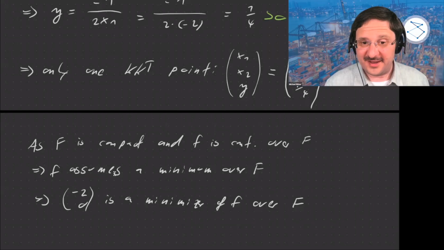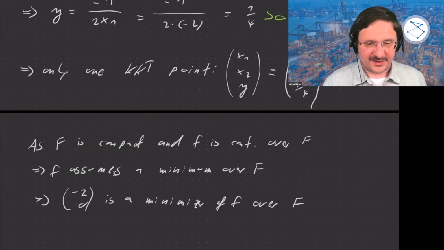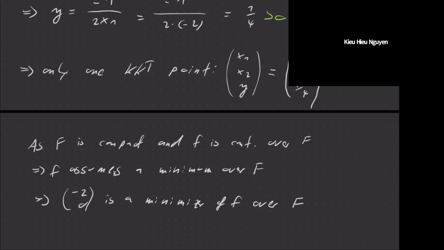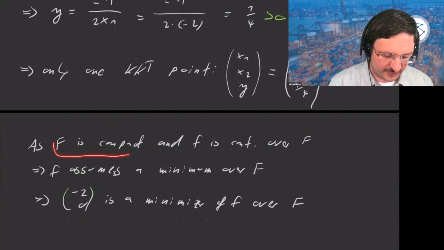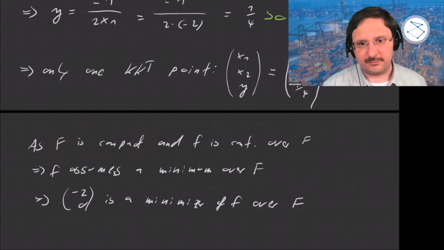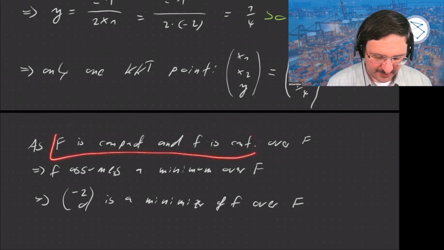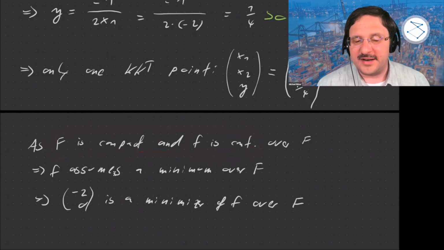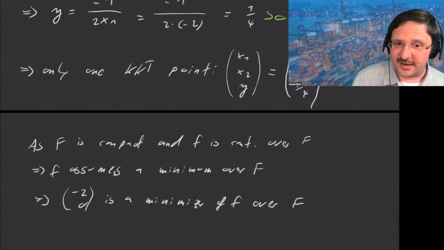The point needs to fulfill the KKT conditions, and then we compute all the candidates, and usually the feasible set that we're talking about is going to be compact, or at least closed. The function usually is continuous, so mostly you'll have those two conditions, and that means there is a minimum. So if you only get one candidate, that must be the minimum.